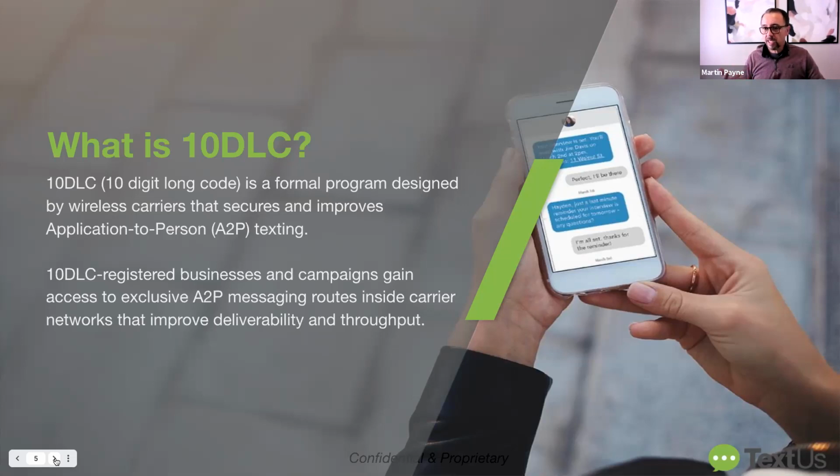If you text your mom, for example, that's going to be one-to-one, person to person, over a P2P route, versus texting from a platform like TextUs or anybody else out there that goes through that ecosystem. It goes on a different route, and we've tested both, and the deliverability benefits are material. I'll put it to you that way. We send millions of texts a month, and we can tell you, because we validated it, that the A2P routes truly do have benefit there.